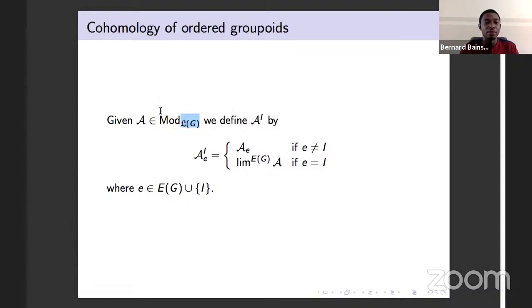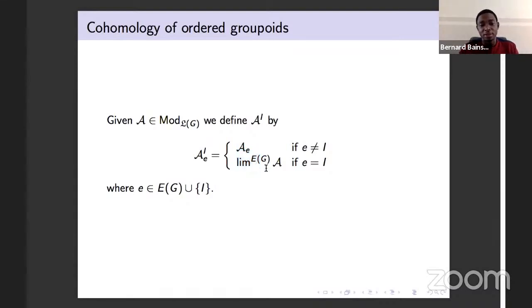And so a module associated with G, which is the same as a module over LG, can be extended into a module AI. So what this one does is that it associates to everything in GI, the module AE, if E is not equal to I, but then at I, it associates the co-limit. So there's supposed to be the co-limit, so we should have an arrow underneath the limit sign.